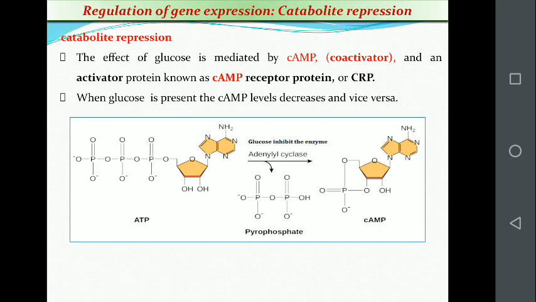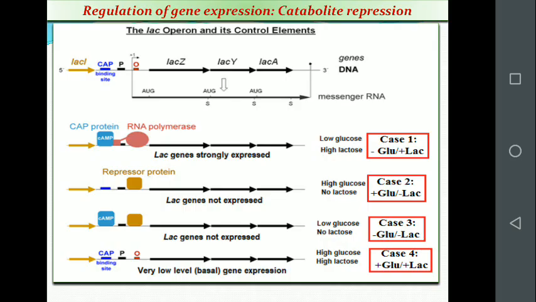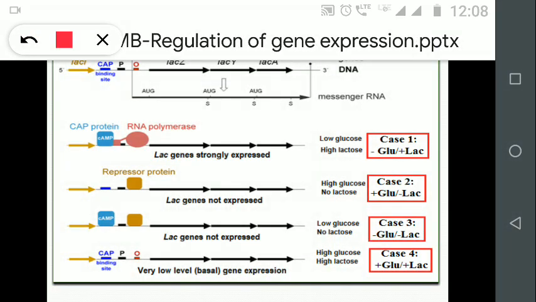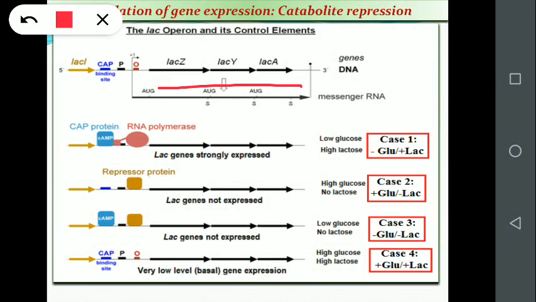Now when we look at the complete structure of the lactose operon, when we discussed it earlier, we showed only the structural genes, the operator site, the promoter site and the lac I gene.